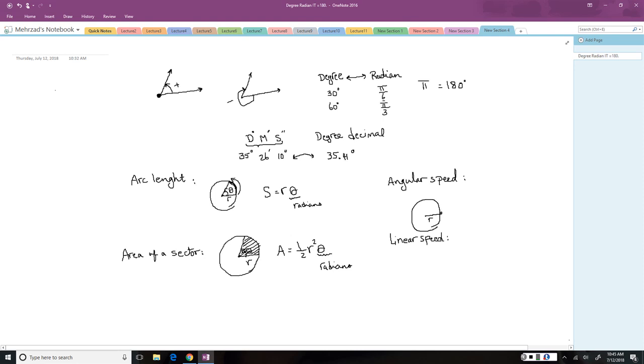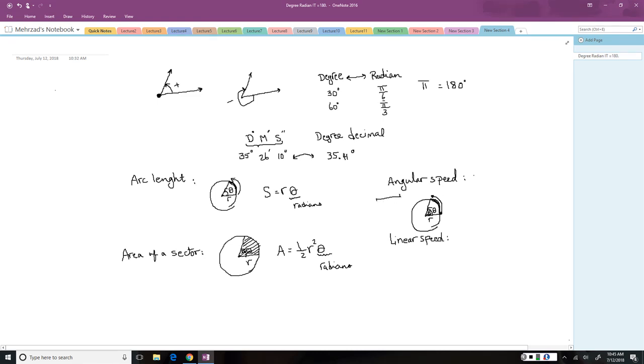The object starts from here, let's say, and is moving up to this point or wherever it goes. But two things are happening. It's covering this angle, which is why we talk about angular speed, but it's also covering this arc here, which makes us talk about linear speed, because if you open this arc, then you just have a distance that has been covered.